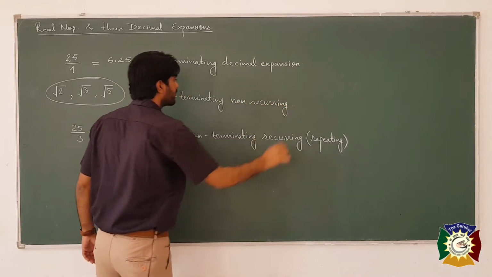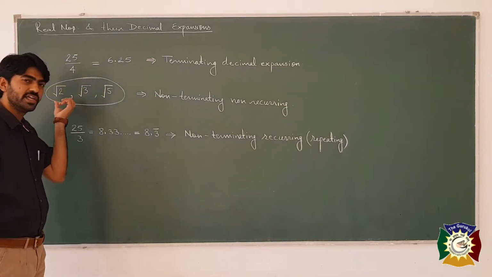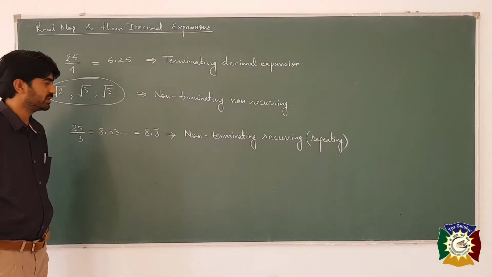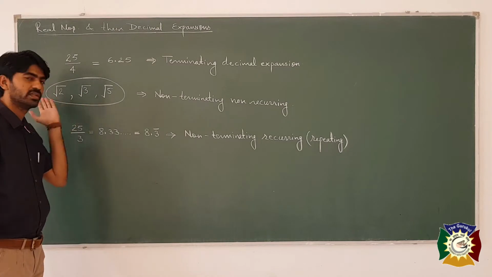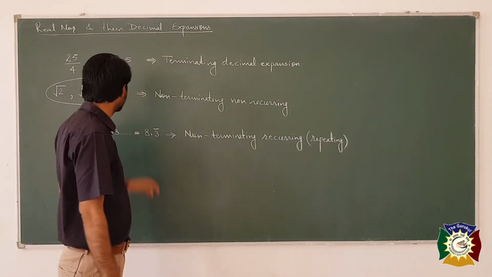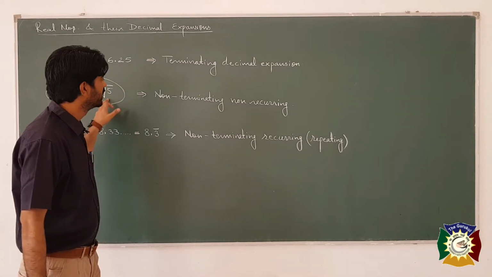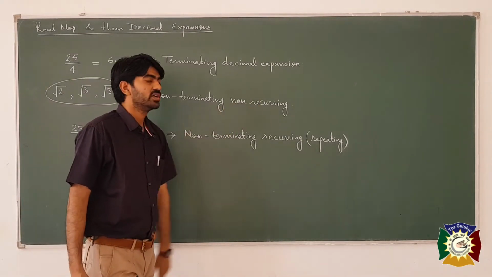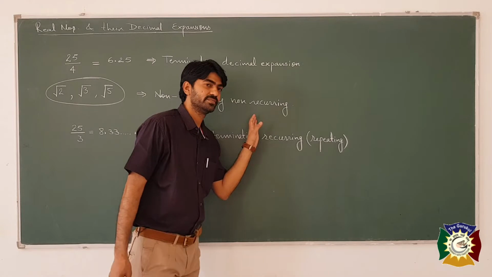I am not going deep into finding these values. You know that division method, so you can try finding these roots in decimal. You will get a non-terminating, non-recurring number.